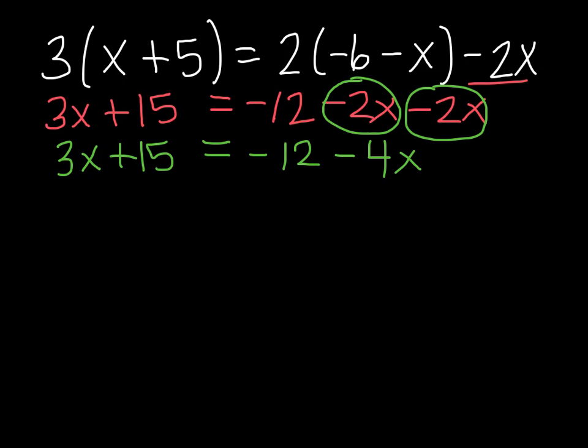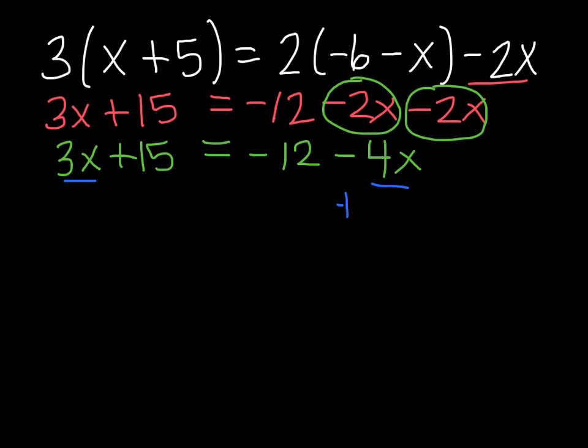All right, then now that I have all of my distribution and combining like terms, I have everything written out as simply as possible. Now, I have to focus on getting my x's all onto one side. So I see that I have 3 positive x's and I have 4 negative x's. I'm going to go ahead and get everything to the left since I have more x's on the left and they're positive.